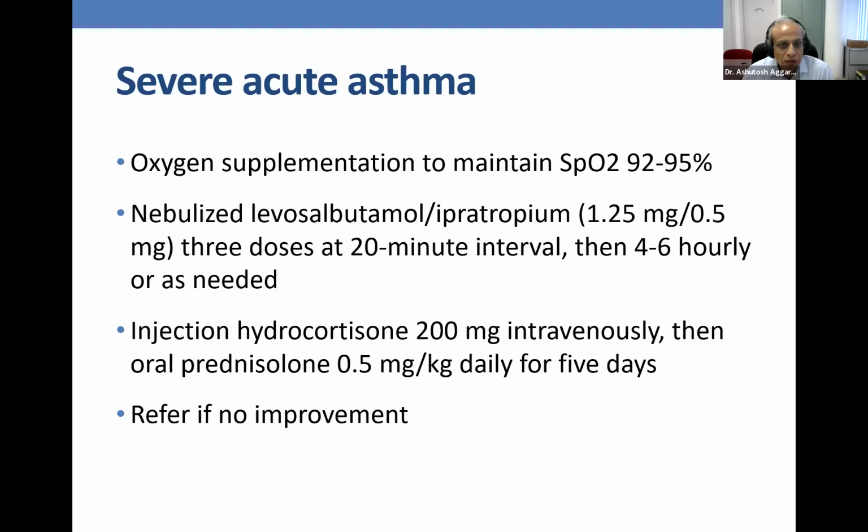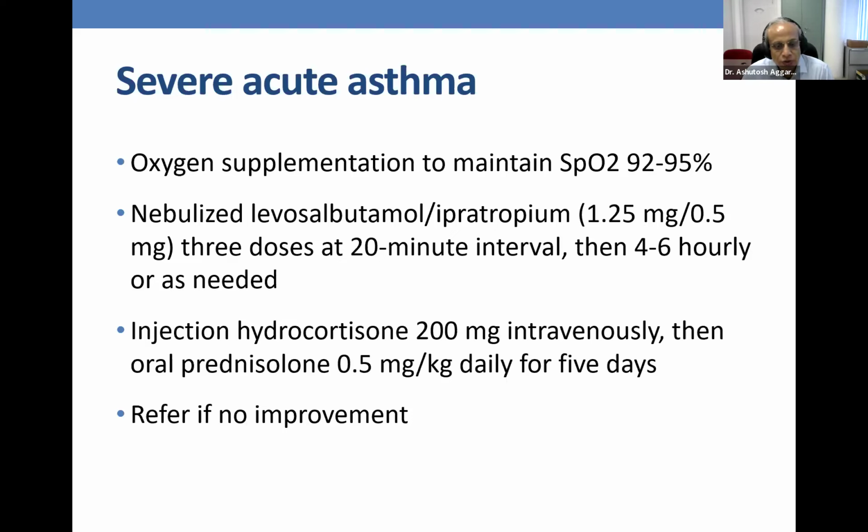So normally we nebulize a mixture of levosalbutamol and ipratropium. Both of these are short-acting agents. So 3 doses can be nebulized at 20 minutes interval, and then depending on improvement, we can re-escalate to 4 to 6 hourly dose or as needed basis.